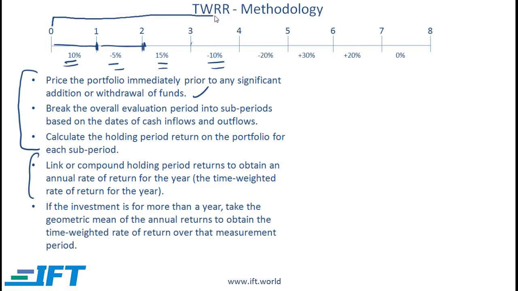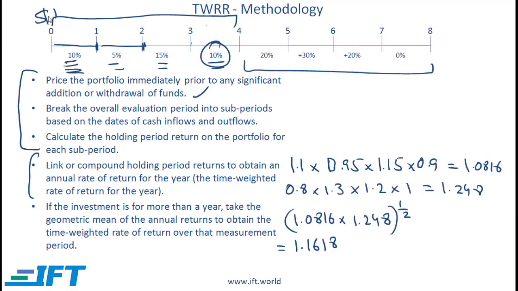So if you take year 1, to come up with the number for year 1, we simply multiply 0.95 times 1.15 times 0.9, and this gives us for year 1 a dollar invested at the start of the year becomes equal to 1.0816, and then for the second year we multiply 0.8 by 1.3 and so on, and we have 1.248 for the second year.